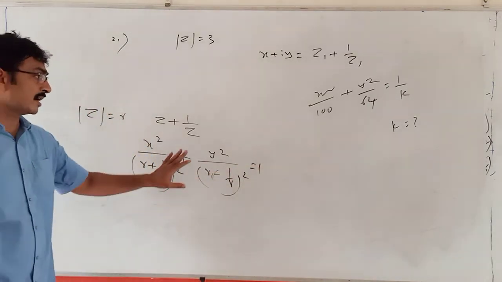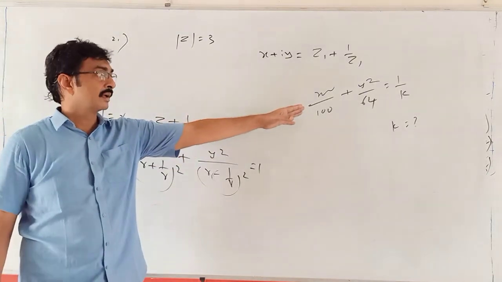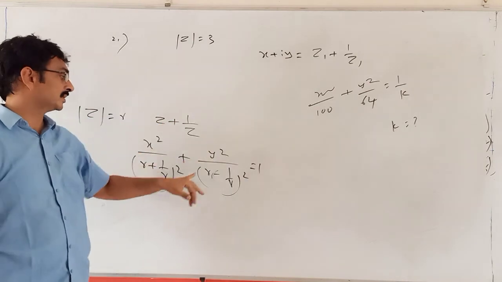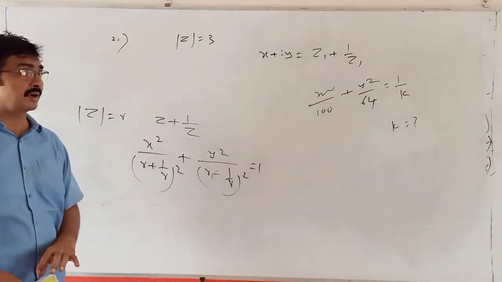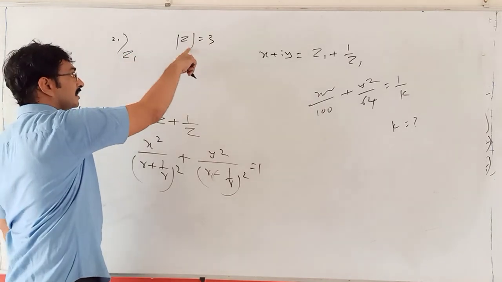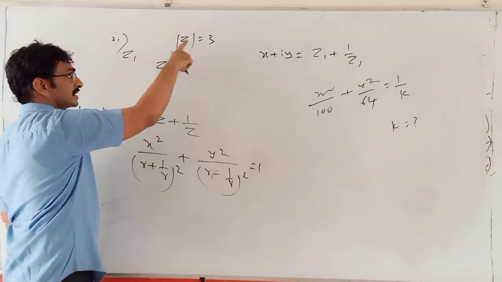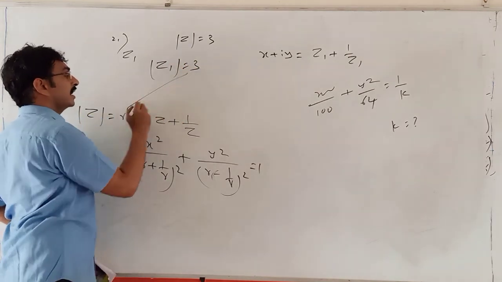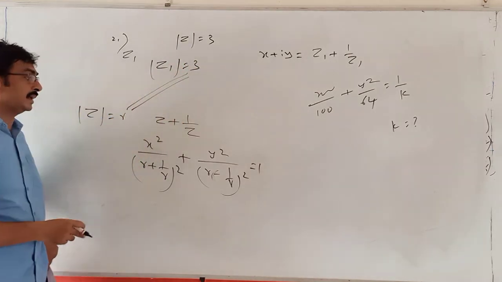But here the equation of the ellipse is also given with some unknown value k. So by comparing that with this one, we get the required value k. Here z1 lies on the circle means mod z1 equal to 3, so in the place of r there is 3.